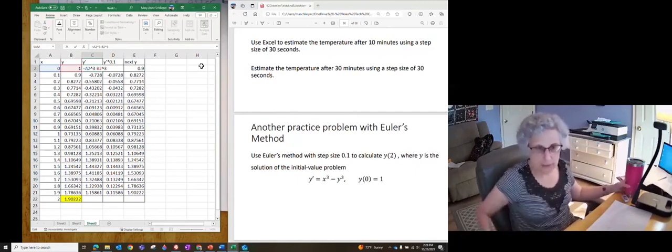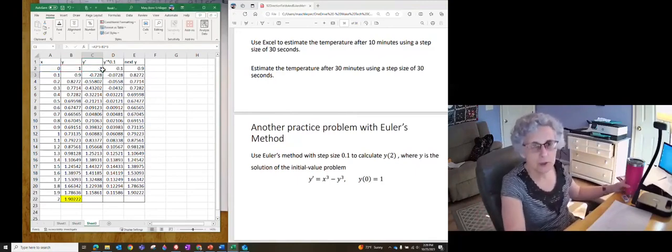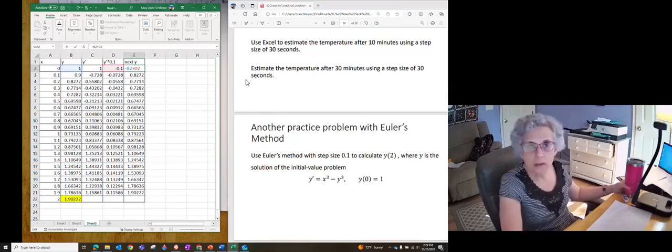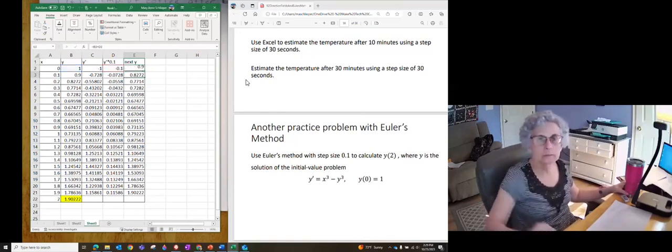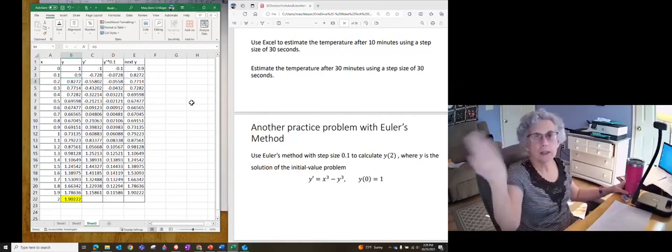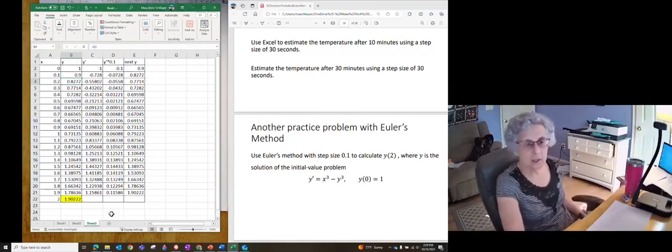So I used cell references. I multiplied that by 0.1. I added that to y to get my next y. I brought this down to my next y. And then I copied it all, and I ended up with about 1.9.